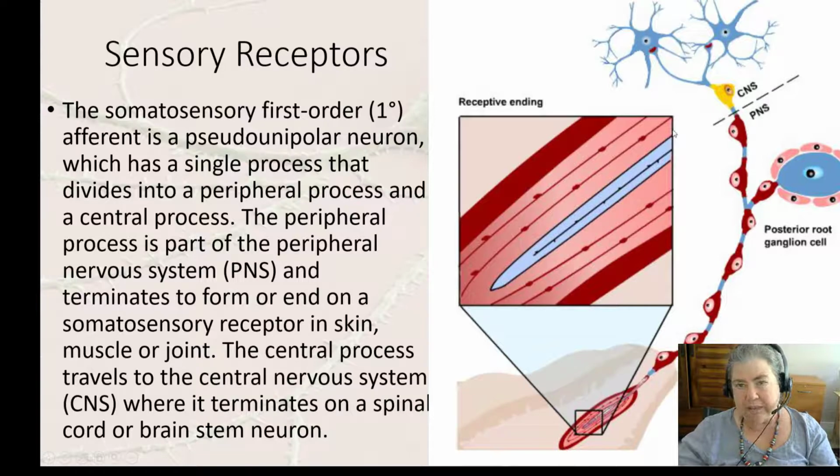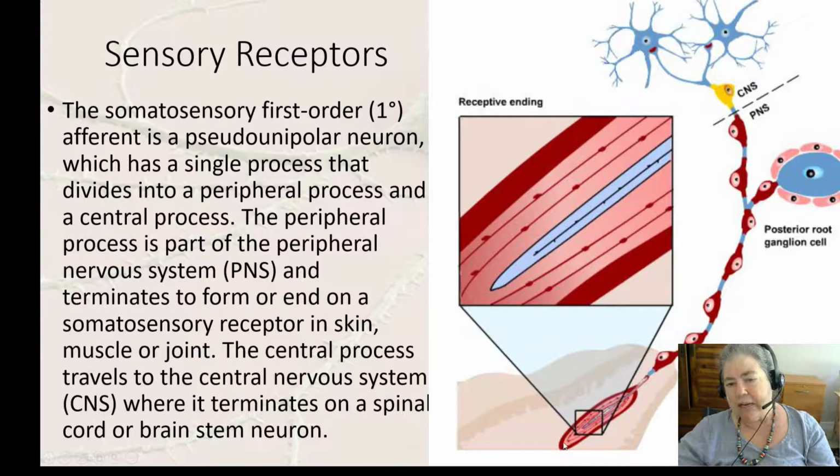So this pseudo-unipolar sensory neuron, back to way at the beginning of the other lecture, right? This is a sensory neuron. It is not in the central nervous system. It's in the dorsal root, the posterior or dorsal root ganglion. So there's a collection of cell bodies outside of the spinal cord in the nerve root in the posterior side. And this sensory afferent is detecting something here.